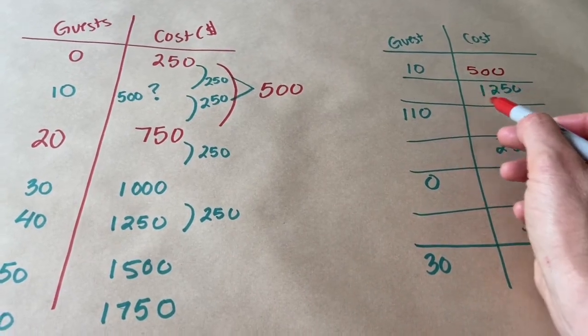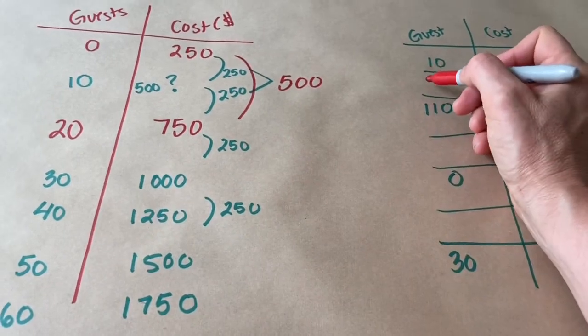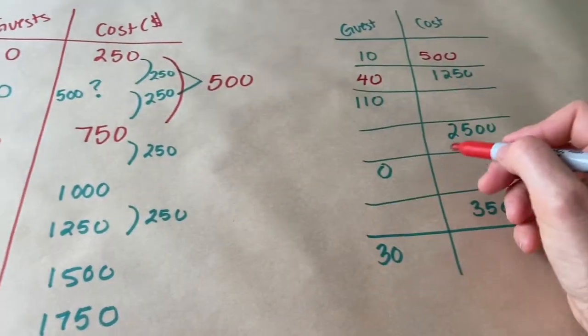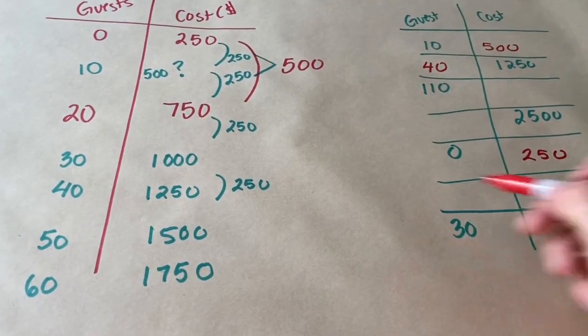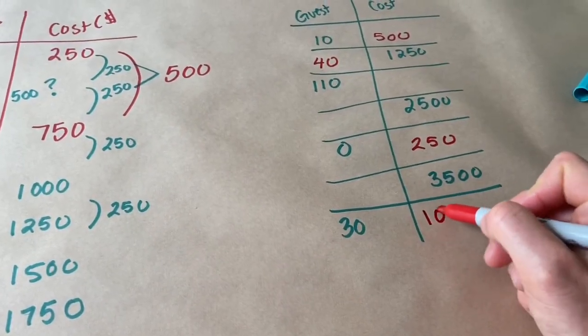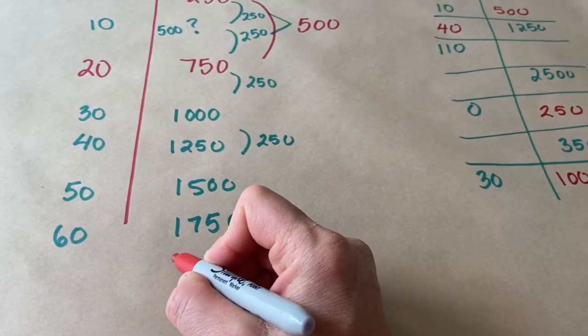We can see that when the cost is 1,250, that means there are 40 guests. We can see that when there are 0 guests, the cost is 250. That's the initial value. We can see that at 30, the cost is 1,000. We have a few left over, but we can extend our table.